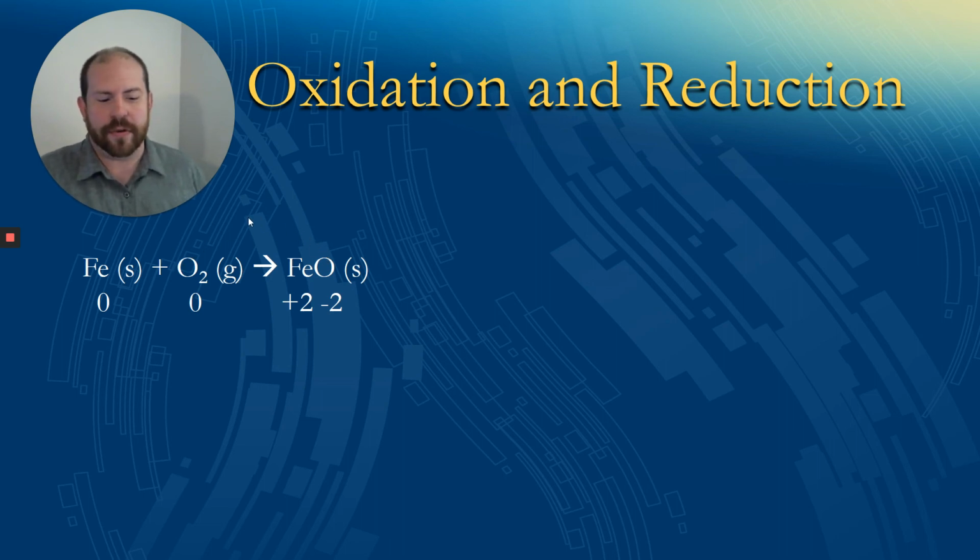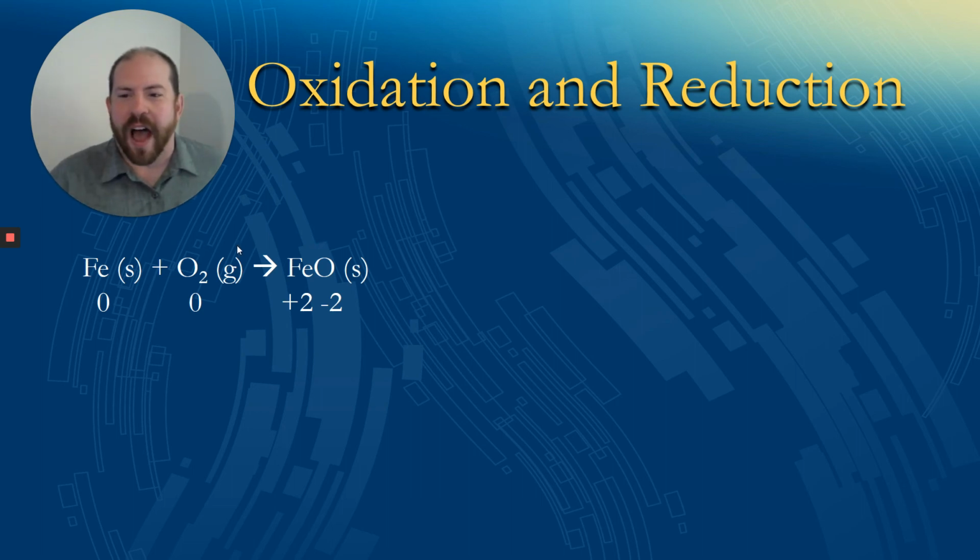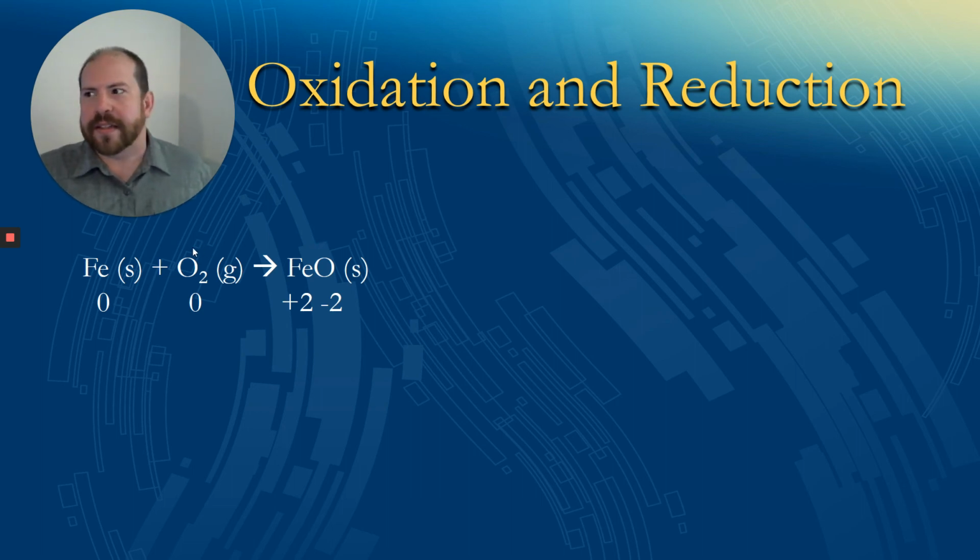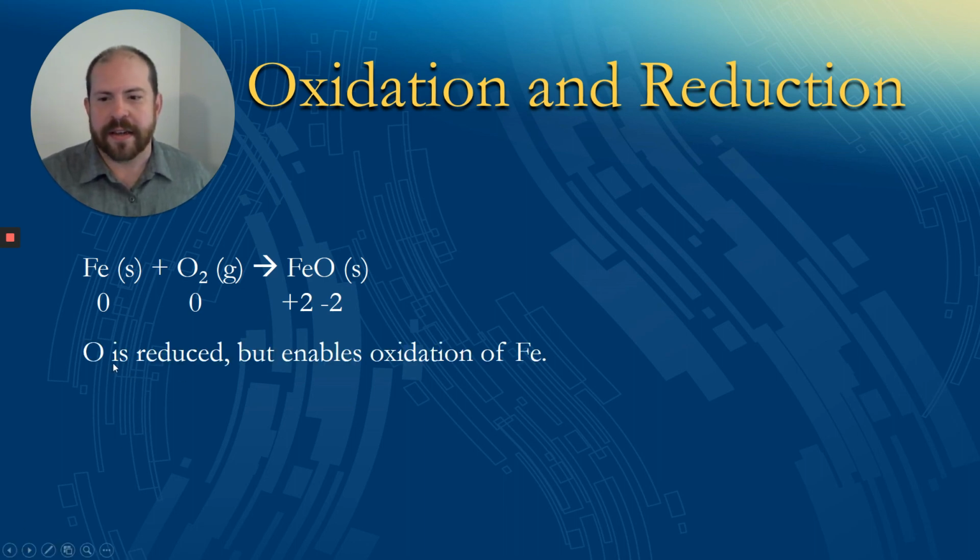In fact, it's reduced. So calling it an agent of oxidation, an oxidizing agent, is kind of like calling a travel agent. This agent is something that helps something happen, but doesn't undergo that process itself. An oxidizing agent is not oxidized. A travel agent does not travel with you. But both of them facilitate the thing they're agents for. So oxygen, in this case, is reduced, but it enables iron's oxidation.